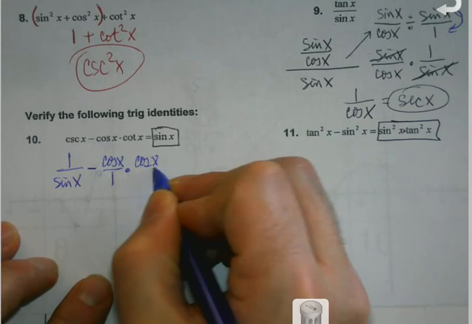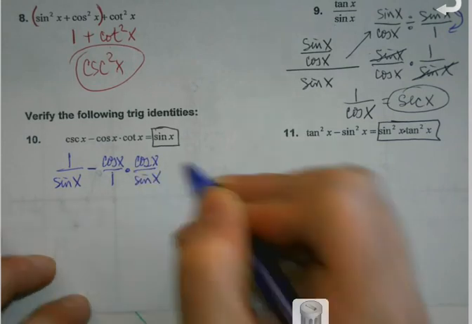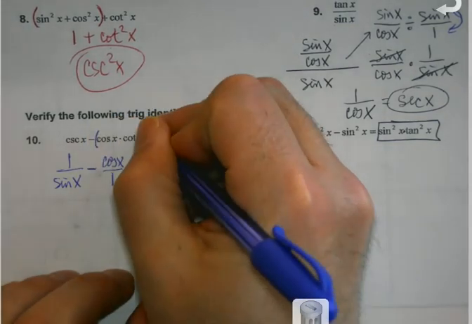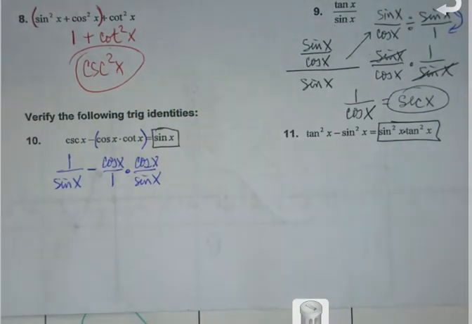is cosine over sine. Now, before some of you who've drilled into your heads now, ooh, gotta have a common denominator, I see minus. Remember a couple of the things we've been talking about the last couple of days. You've got to watch order of operations. Times comes before subtract does.